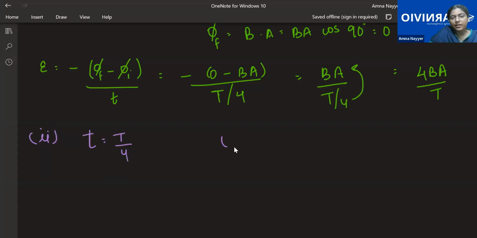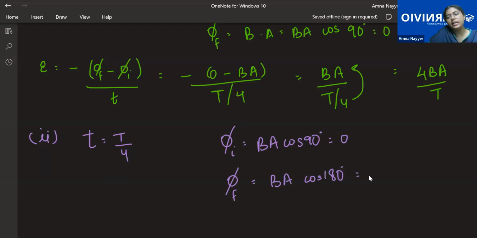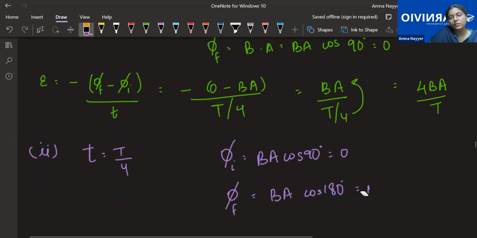Now the initial flux will be BA cos 90 degree, which is 0. The final flux will be BA cos 180 degree. What is cos 180? Minus 1. So this becomes minus BA.